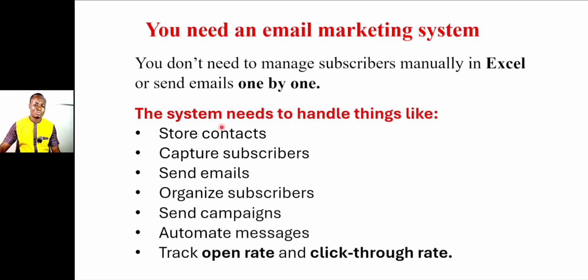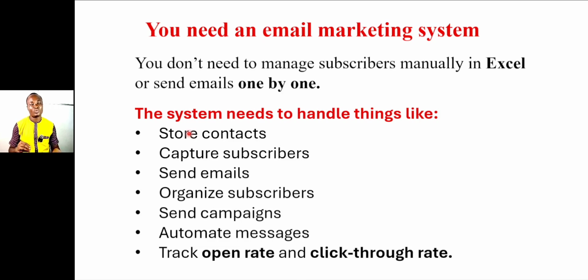So that system, what does it do? The system stores the contacts, captures the subscribers, sends emails, and organizes the subscribers basket by basket, that is list by list. I keep on using basket because all of us should be familiar with baskets. For example, you have three baskets. One contains oranges, the other one contains maybe granite, and the third one contains beans, different things.